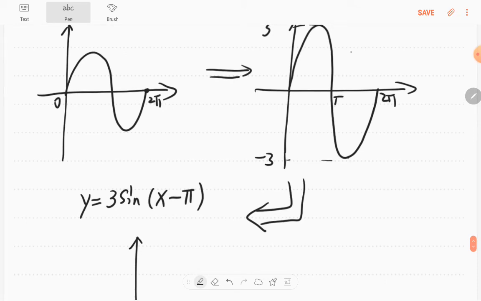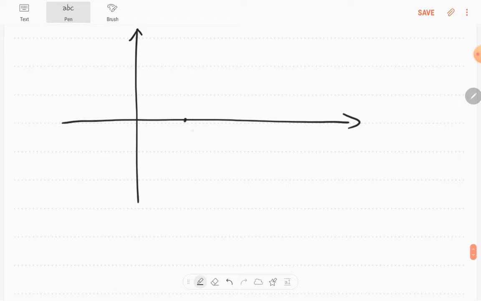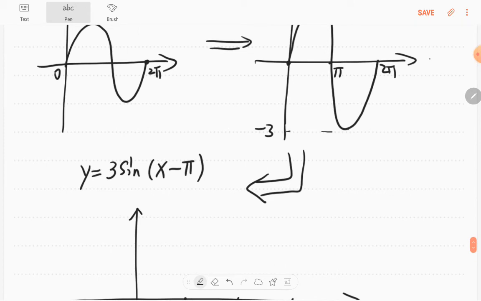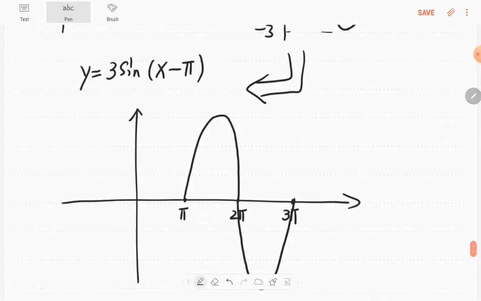This point becomes here, and this point becomes here. The 2 pi point would be here, so it would be pi, 2 pi, and 3 pi. So it becomes this one. This is one period.